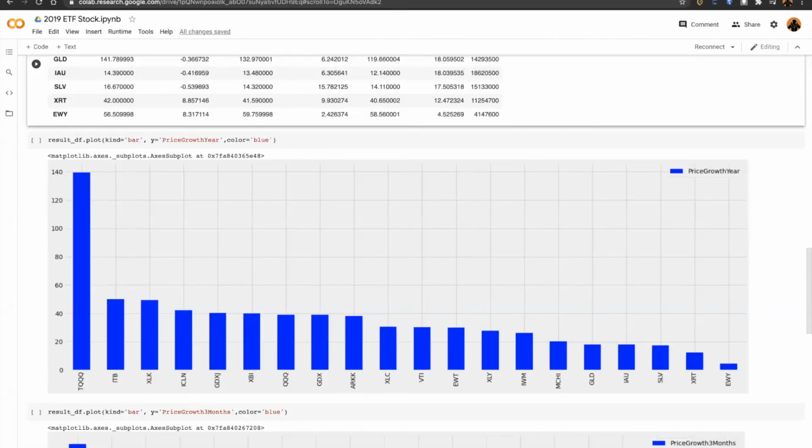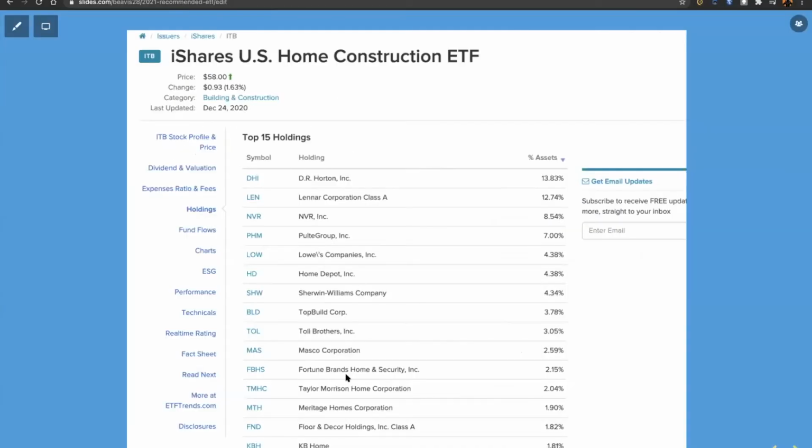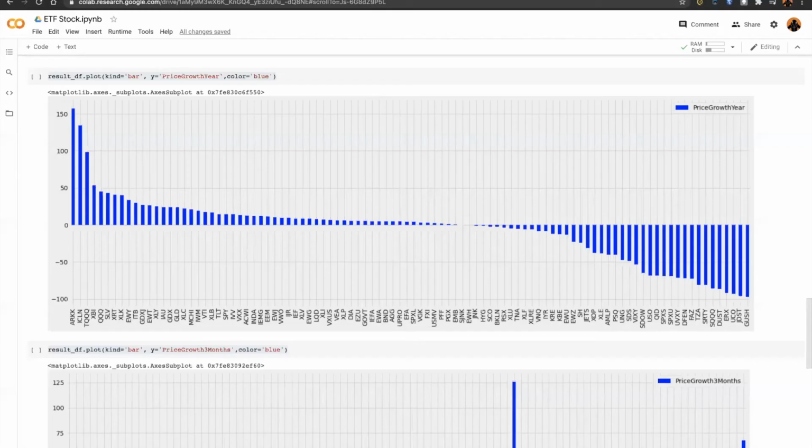I think home-related ETFs are growing even last year and this year. This year it's because many people are shifting to the suburbs. Home is their education place, and home is a workplace now. But even last year it was growing a lot.